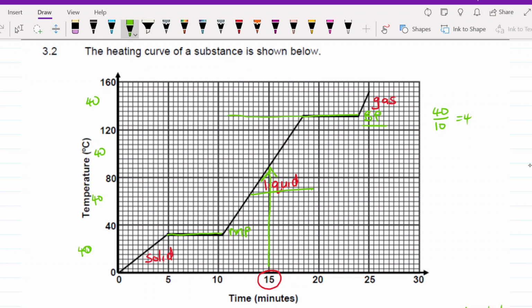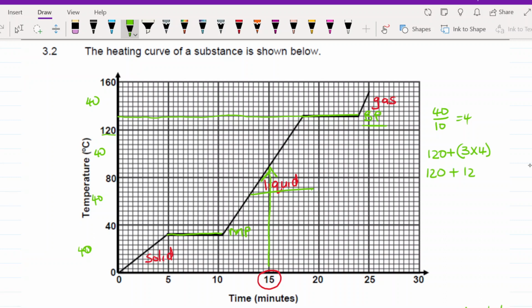So how many blocks are we looking at now? Okay, let's say the boiling point is here. How many blocks is that? 1, 2, 3. That means from 120, we're going to add 3 blocks. Each block has a value of 4. So we have 120 plus 3 blocks, each block is 4. So it's 120 plus 4, 8, 12.